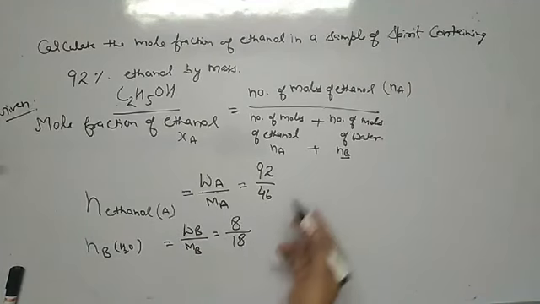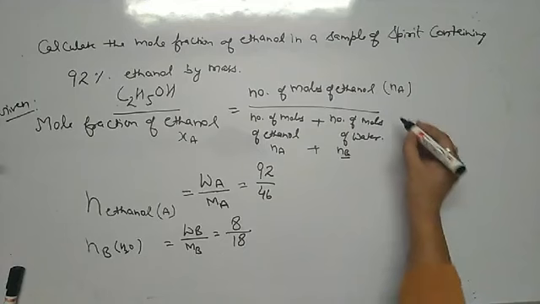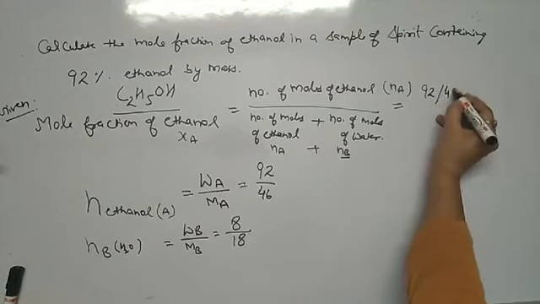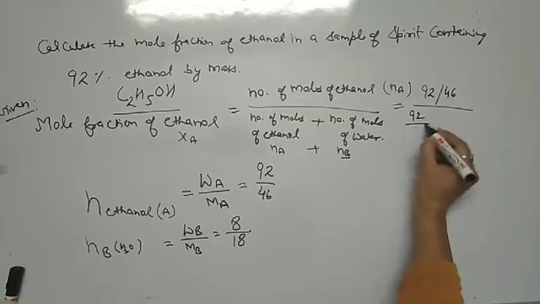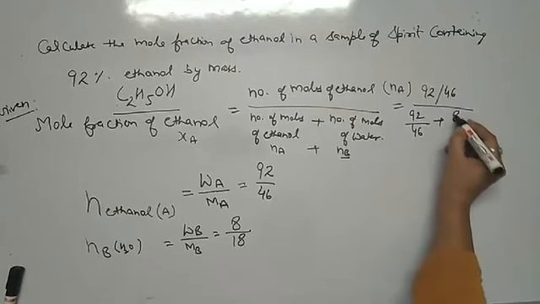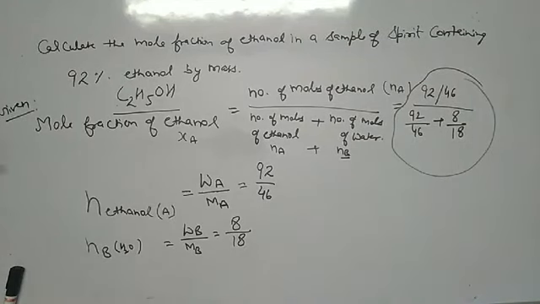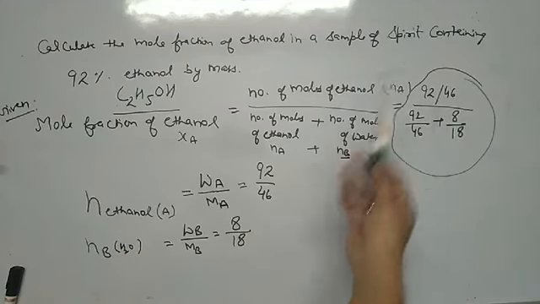So you can put these values in: 92 upon 46 divided by 92 upon 46 plus 8 upon 18. You may calculate this and find out the result. I am waiting for your response. Find out the answer of this one.